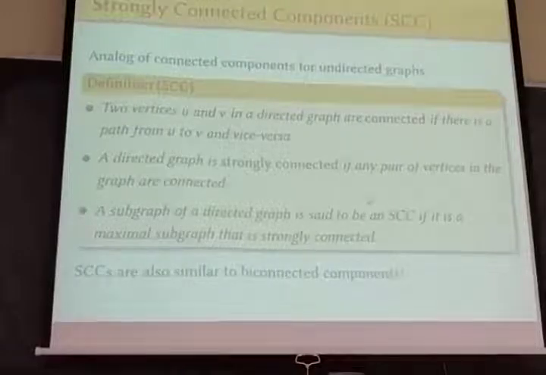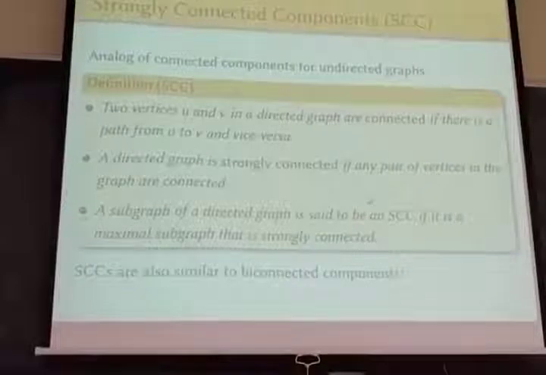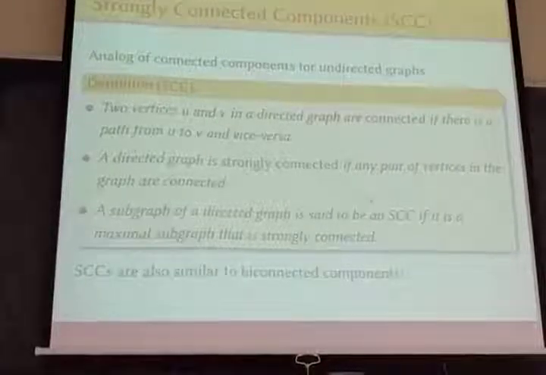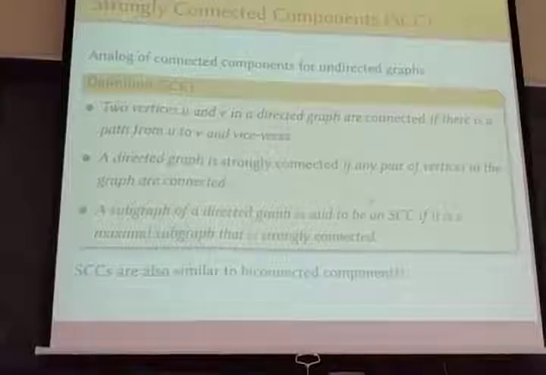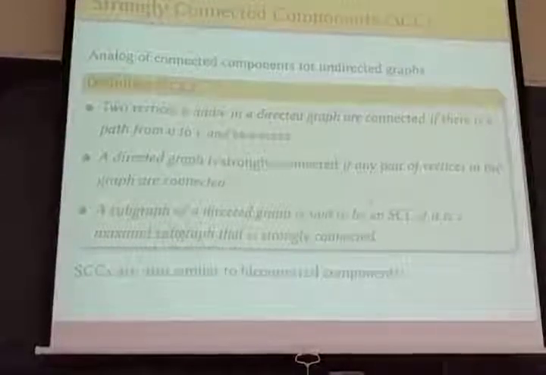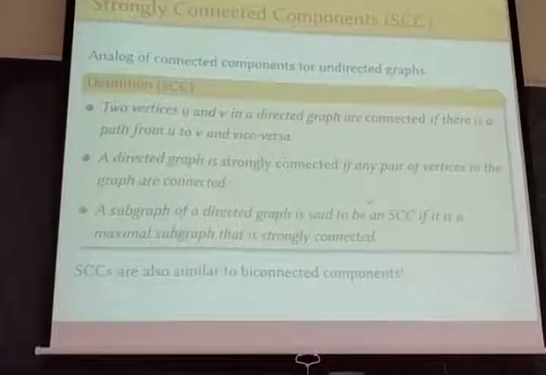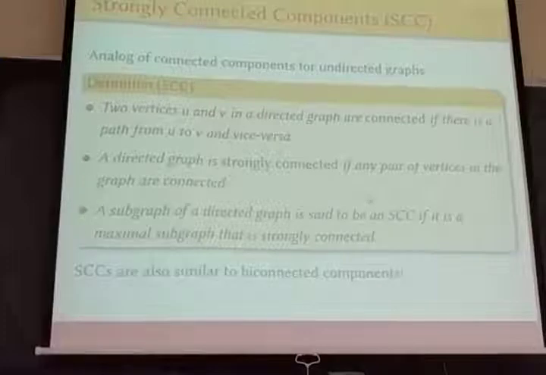But in the case of a directed graph, the paths become directed, therefore you might be able to get from u to v, but you cannot retrace that path back to u because the edges are all in the wrong direction, right? So you must have somehow an independent path from v to u.